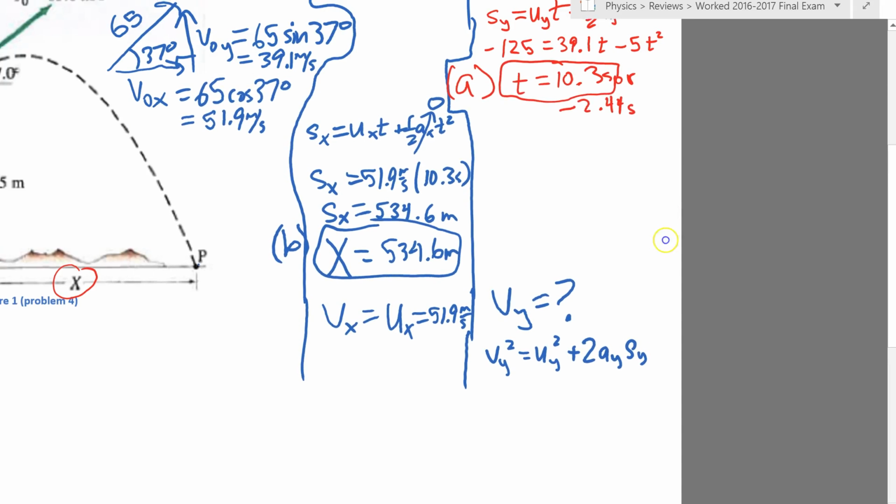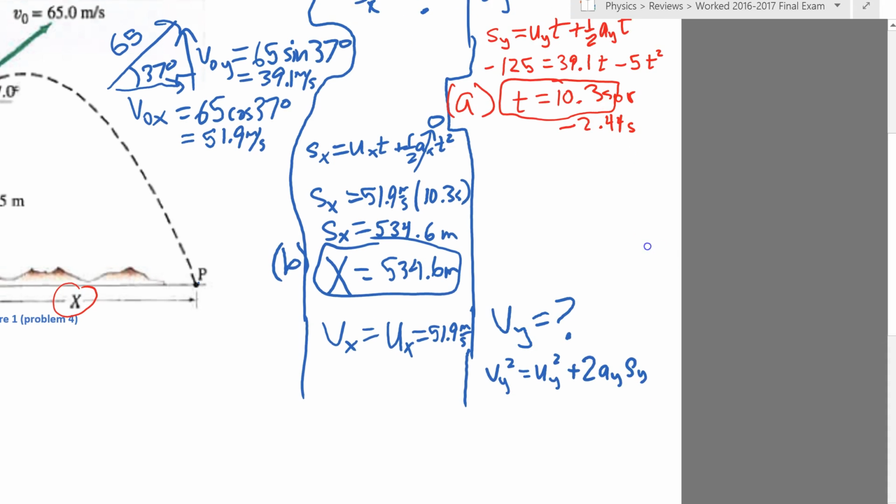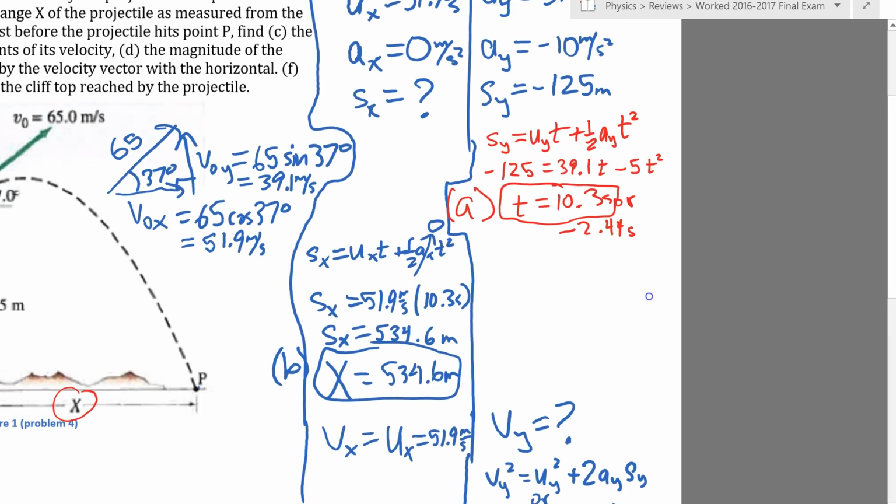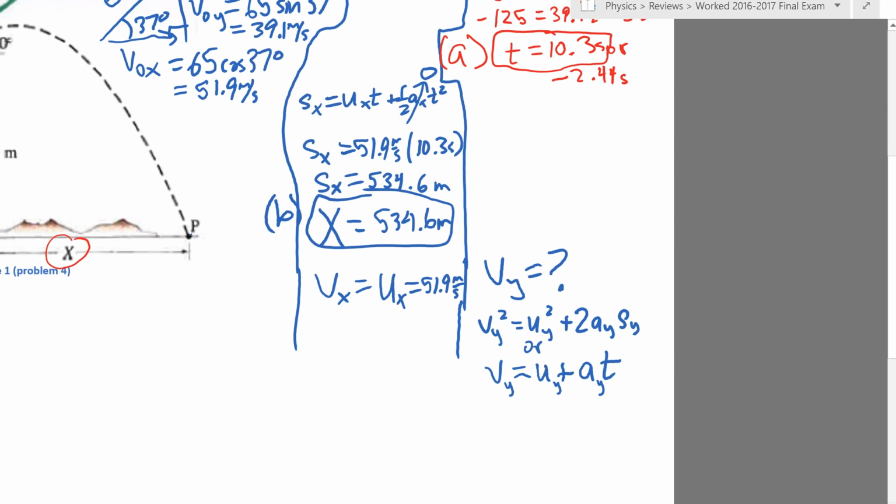But now that we know the time, you could also use the fact that final velocity is initial velocity plus acceleration times time. These are all in the y direction. So either of these choices would allow you to calculate the answer. It's up to you at this point which one you use. You should get the same answer. I'll use the second one.